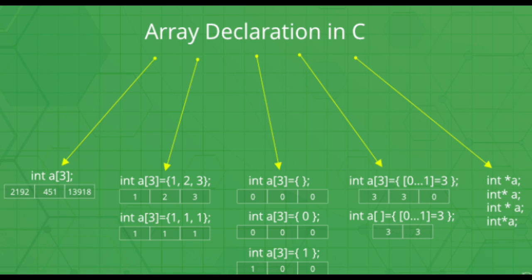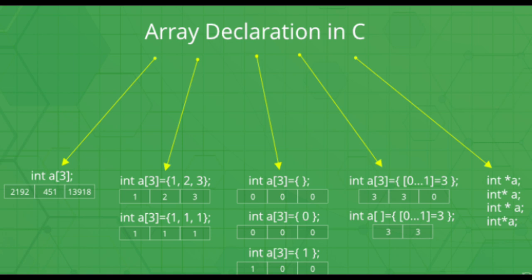Another type of declaration is the int data type, array name a, and size of the array is 3, and then it's given with curly braces 1, 2, 3. And you see in the pictorial representation, index 0 stores 1, index 1 is 2, and index 2 is 3.